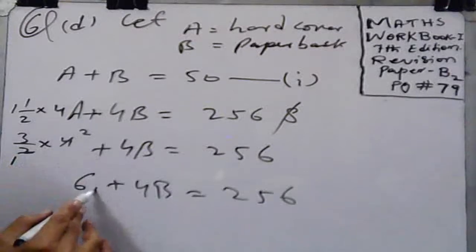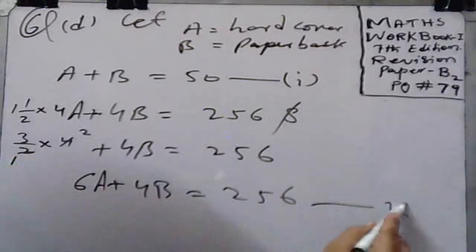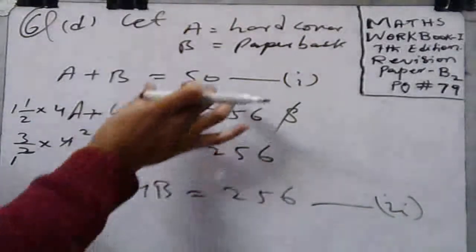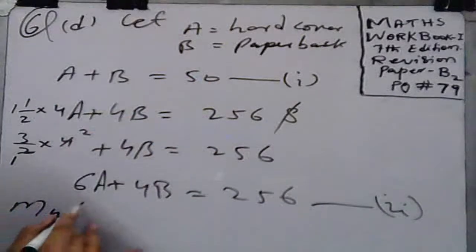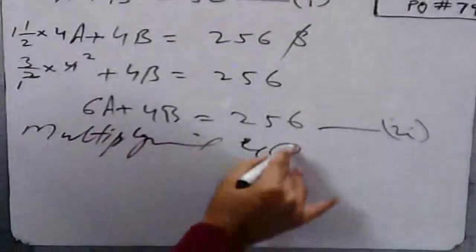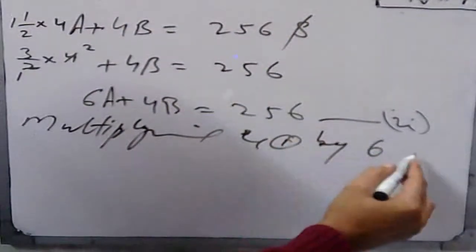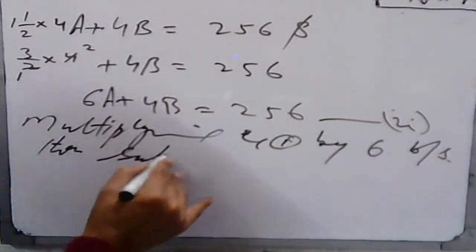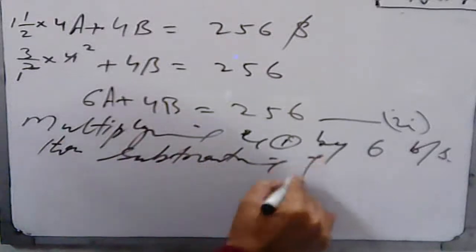Now a linear simultaneous equation exists here, so multiply equation 1 by 6 on both sides, then subtract it from equation 2.